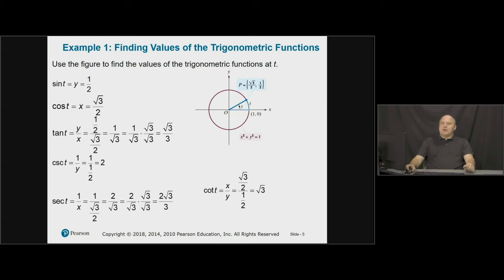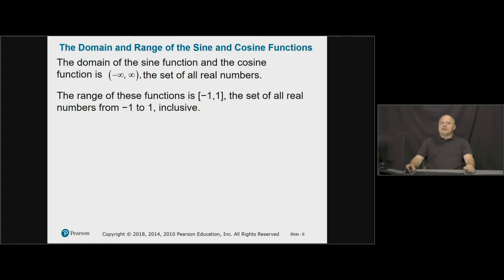So that's why it's all real numbers. But I want you to notice, what is the smallest y value that I could have on that unit circle? -1. And what's the largest y value that I could have on that circle? +1. So notice the range is from -1 to 1, which is all the numbers between those.